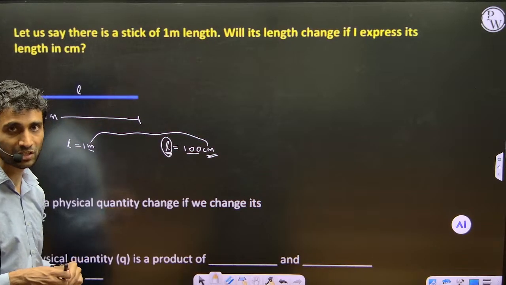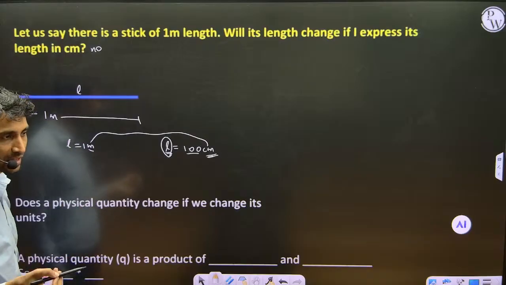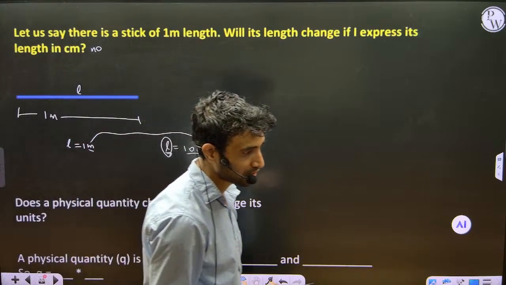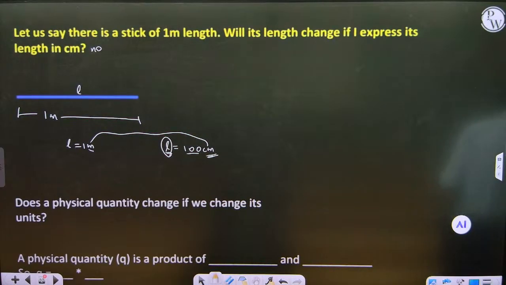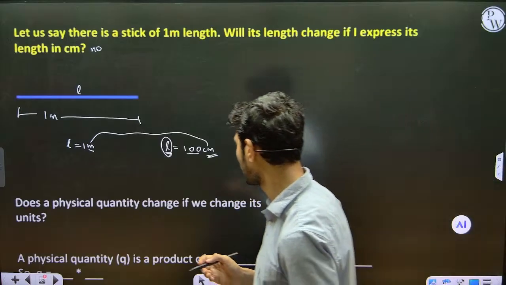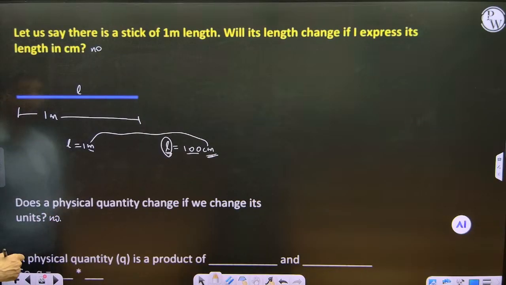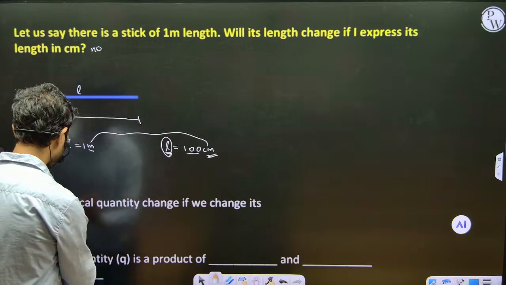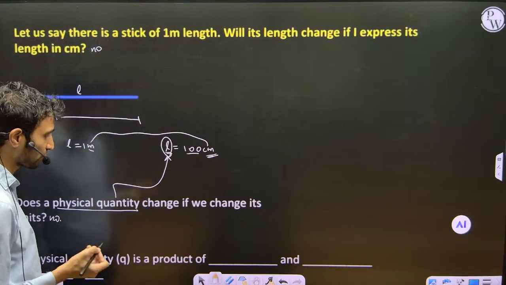The answer is no. L is the length of the rod, so the length of the rod is not going to change even if I change the units. Does a physical quantity change if we change the unit? The answer is no. L is a physical quantity and it's not going to change.